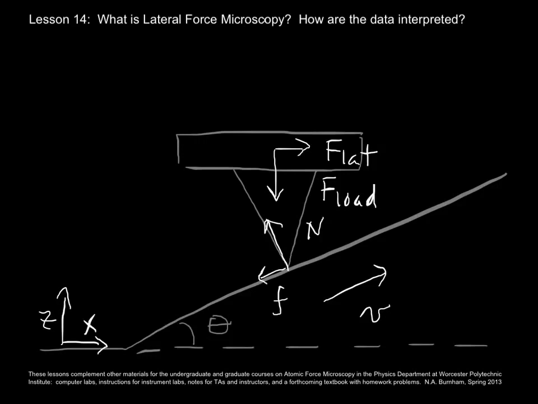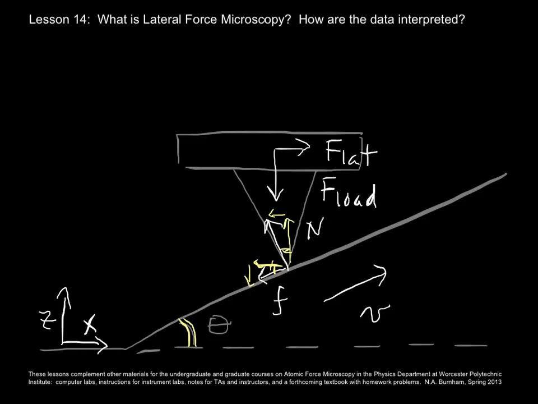Before we get started with that, let us break the normal force and friction force into components and appreciate that this angle theta here is this angle here and that angle there. You can get that from trig.